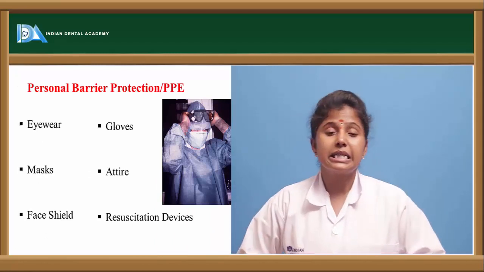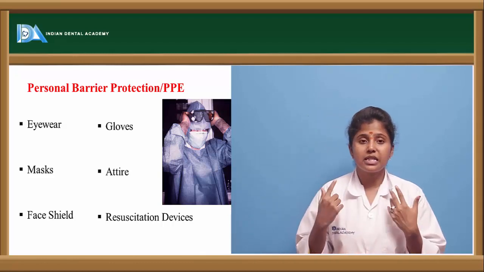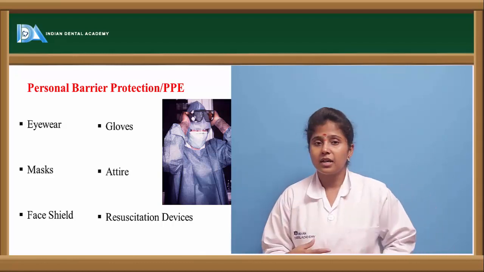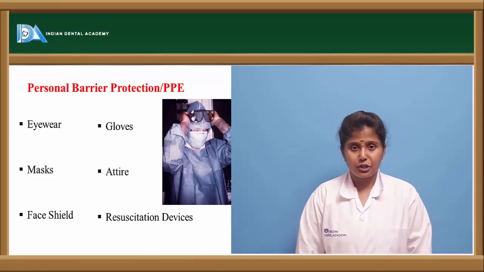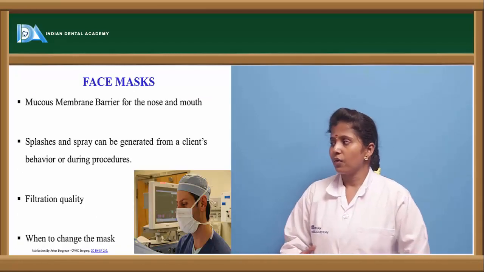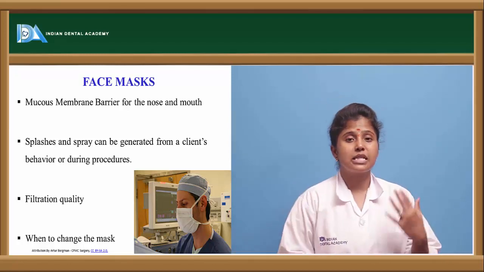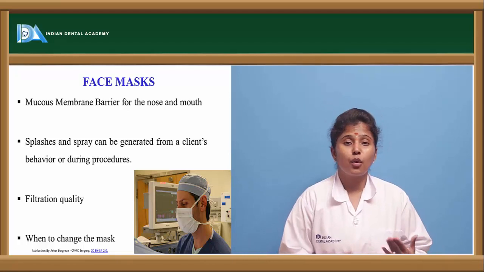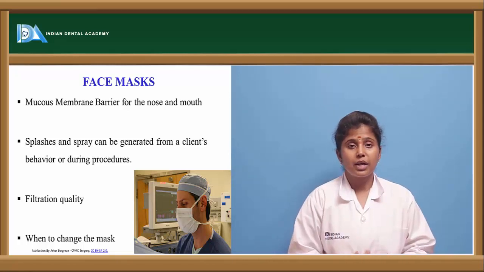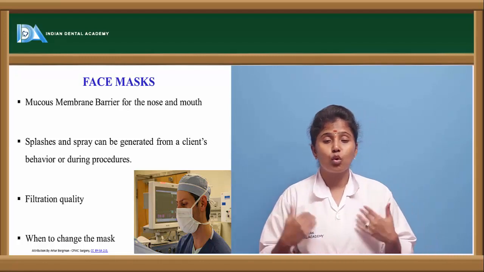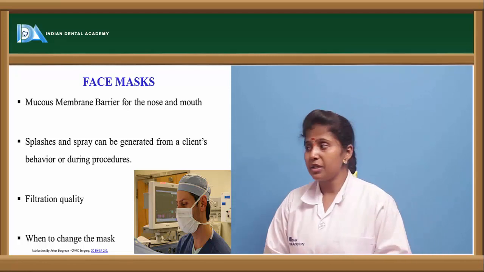The other thing is the personal barrier. What are the personal barriers we have to take care of? First is eyewear, mask, face shield, gloves, attire and resuscitation devices. Face mask: the face is one of the sensitive areas more prone to infection, because our nose contains mucous membrane, and if we breathe air through the mouth, that also contains mucous membrane where infection can spread easily.